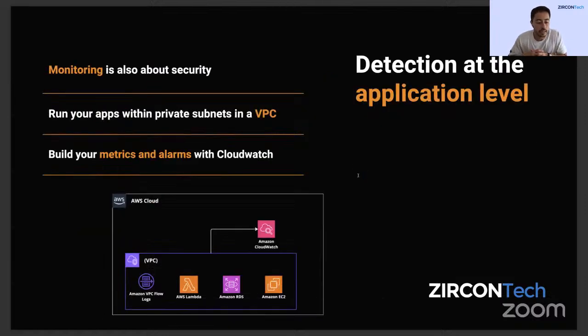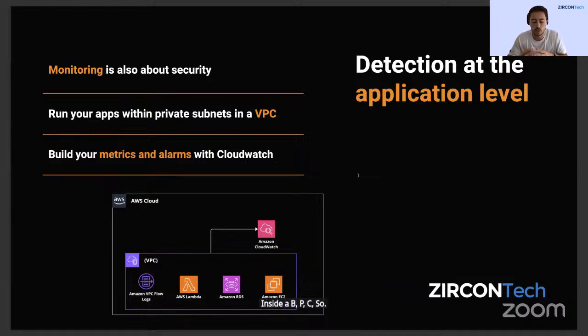So while that helps us get detection at the account level, we still need to get better insights at the application level. And what that means is that we should have monitoring in place for our application. It is important that we always consider running our apps within a private subnet inside a VPC.